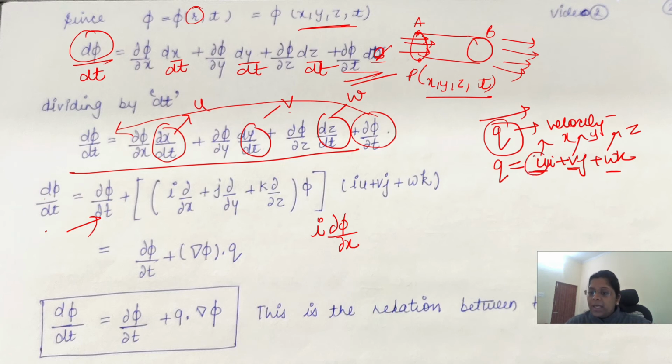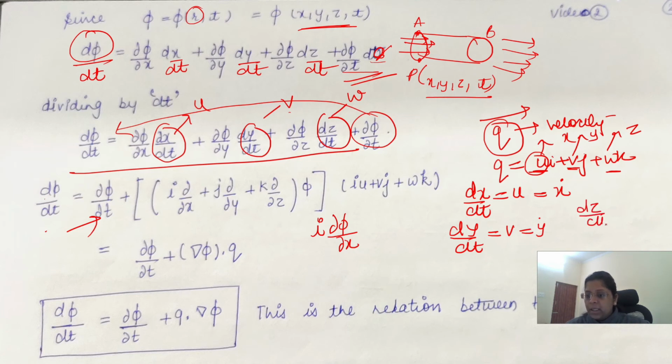So dx by dt is u, which can also be written as x dot; v is dy by dt, equal to y dot; and w is dz by dt, equal to z dot. I hope this is clear. The same they have written: they split the terms and used the velocity components u, v, w.